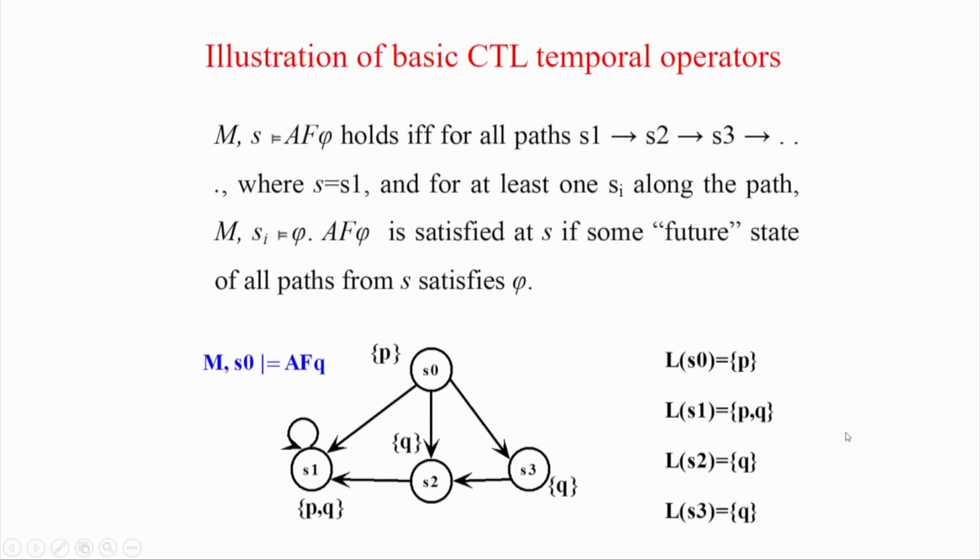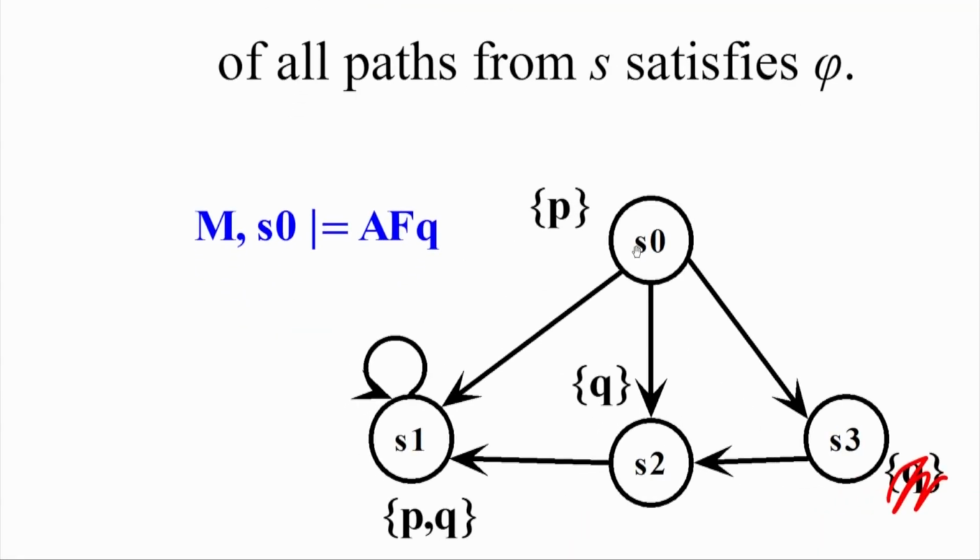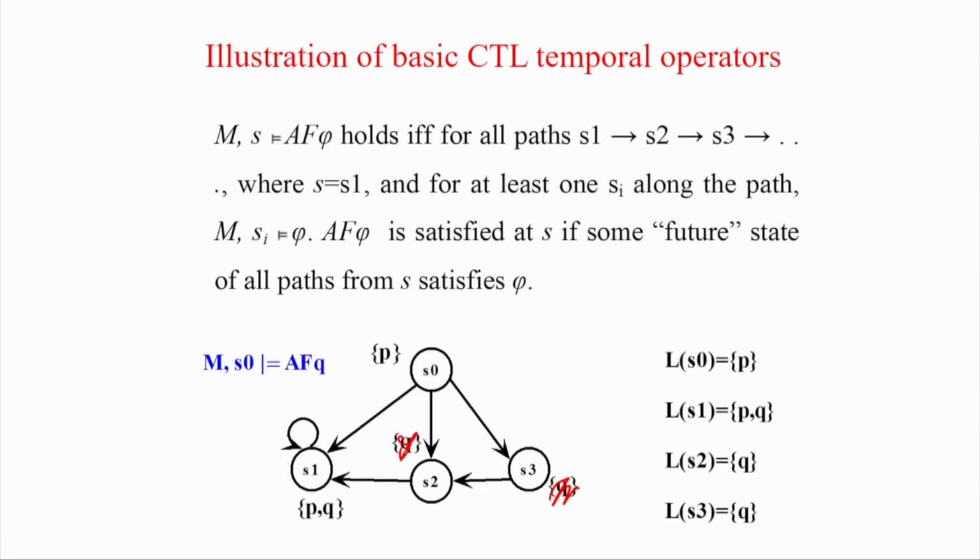Even if nothing is true over here, that also will satisfy this, because in this path P is not true, I need Q to be true, and here actually Q will become true. I think it will even hold if I destroy this, because there is a path here where both P and Q are true, that is in future, not globally. He is saying that from all paths here in future Q is going to hold, and in fact that is holding over state S1. Okay.